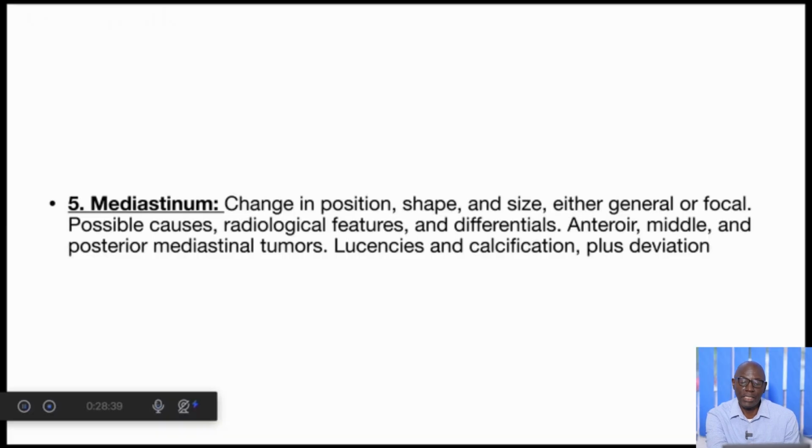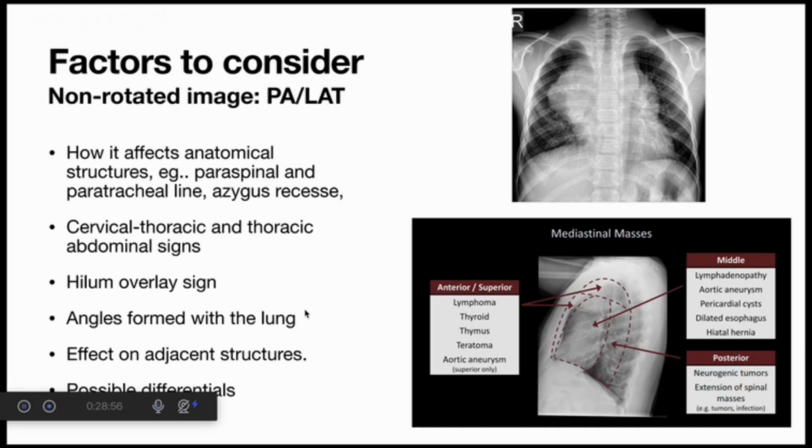We are looking at the anterior, middle, and the posterior, and of course the anatomy, the structures or normal organs found in these compartments may give us the differential diagnosis as to what could be causing the distortion.